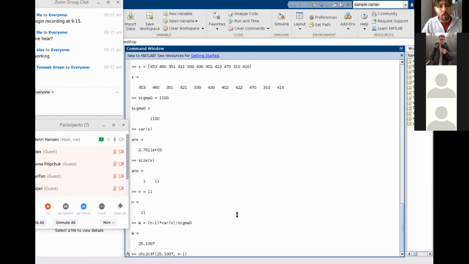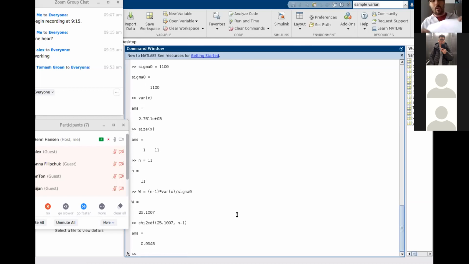That's how probable all the stuff on the left-hand side of this value are. So the probability here is 0.9948. So really, I want 1 minus this. I get 0.052. That's my p-value. So my p-value is now less than 0.01, and I conclude that the null hypothesis is rejected.